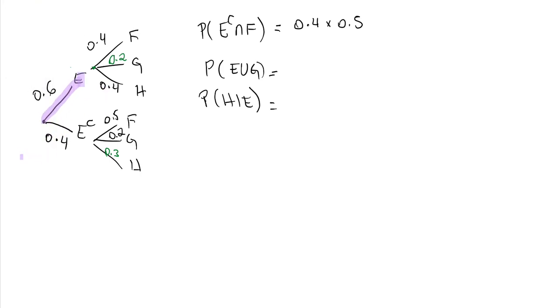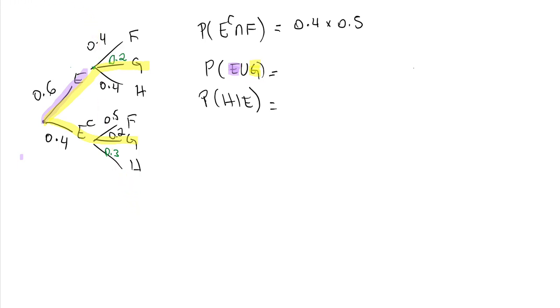This path here is the probability of E happening, or G, right? So I'm going to highlight G. What's the probability of G happening? Well, it's the sum of all the possibilities that represent G. So this is G, okay?